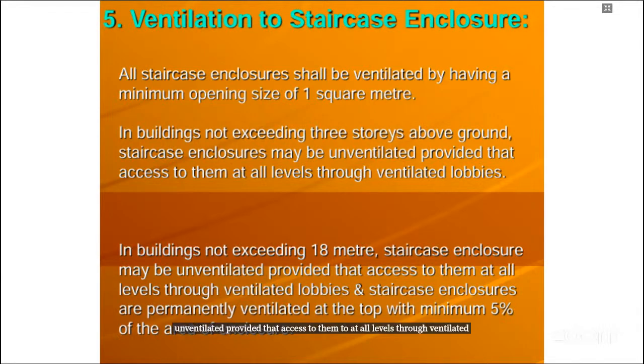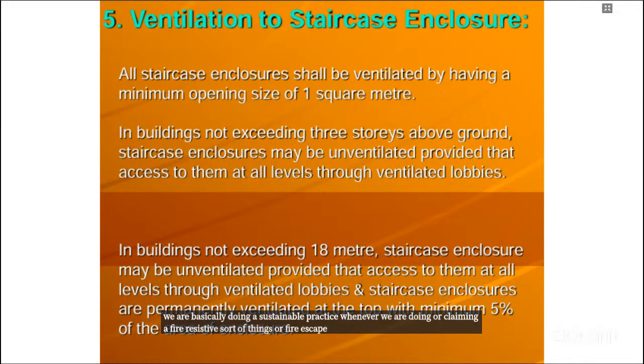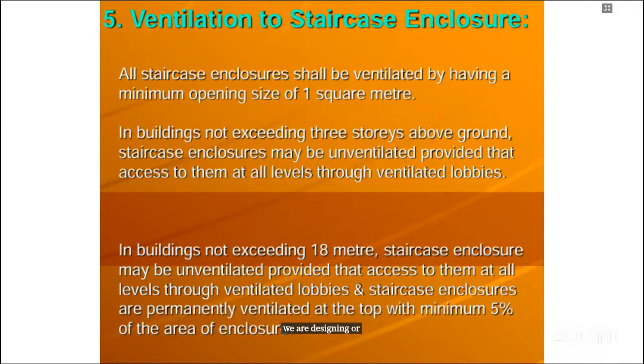So you need to understand the intricacies of design, that whenever we are doing a sustainable practice, whenever we are doing or claiming fire resistive things, or designing a fire escape, or making a route towards it, what necessary approaches can we target. So I have already given you the way of materials.